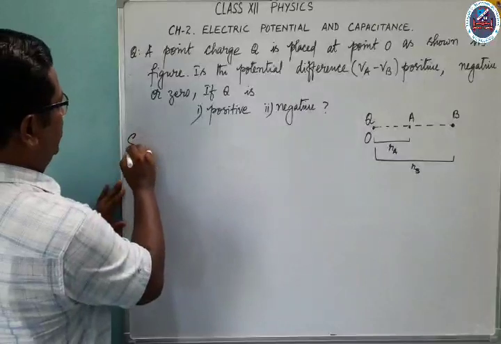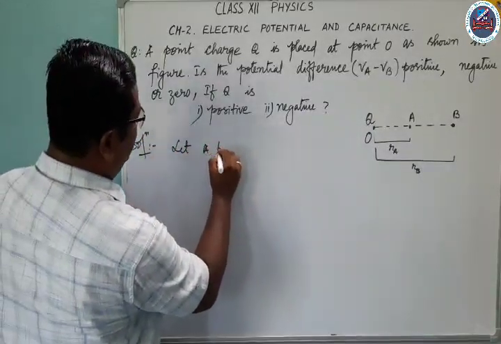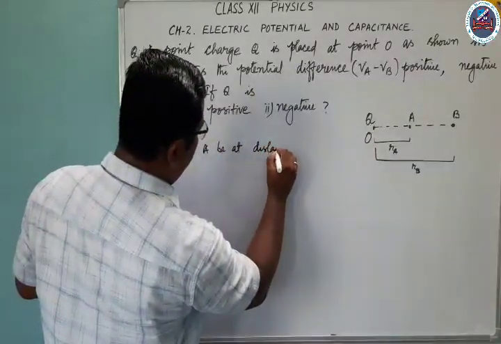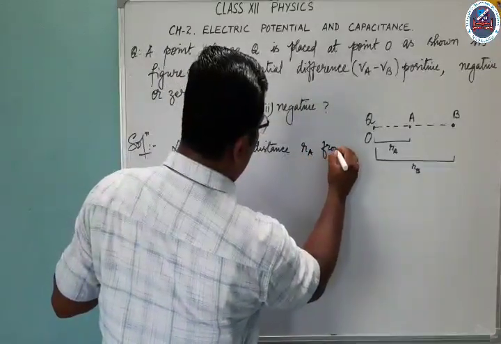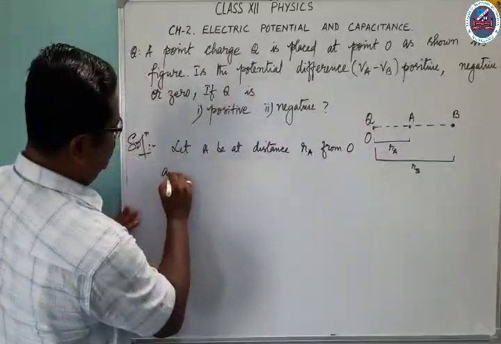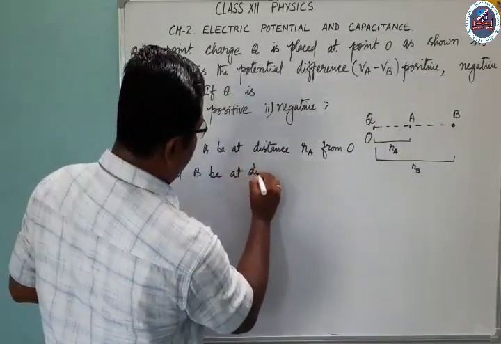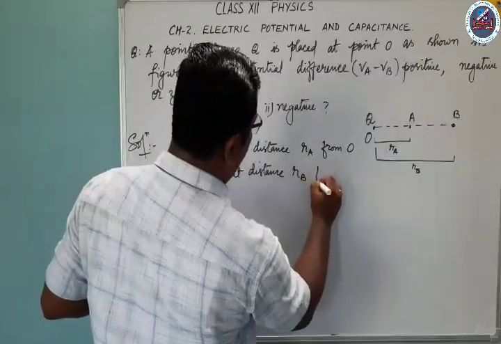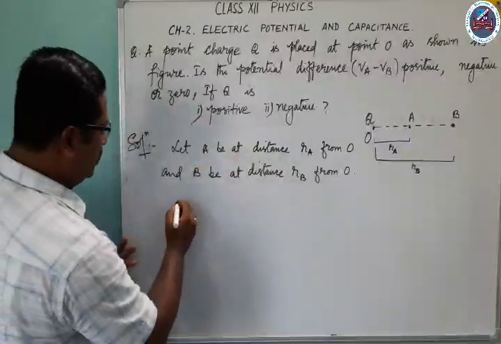So we will write down like this, let A be at distance RA from O, and B be at distance RB from O.